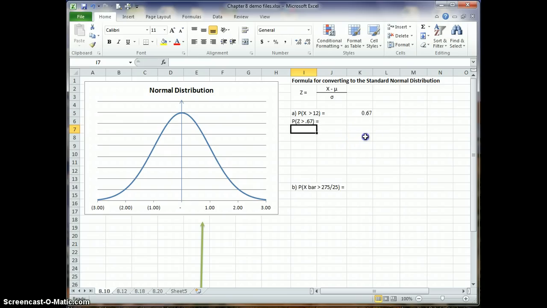And so now we can use the tables. So we're going to go to table 3 again to start with, and that's on page 310.